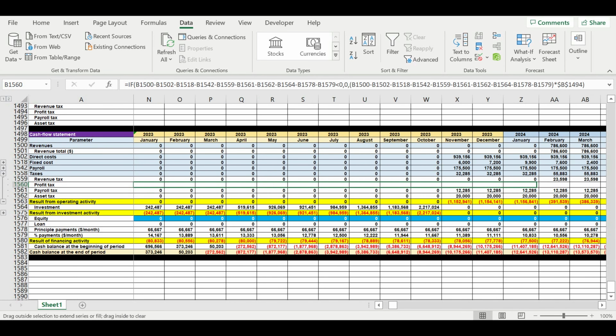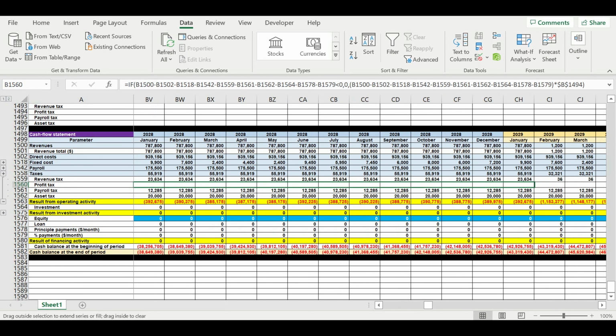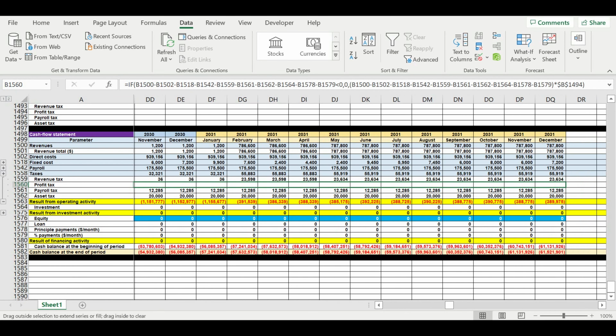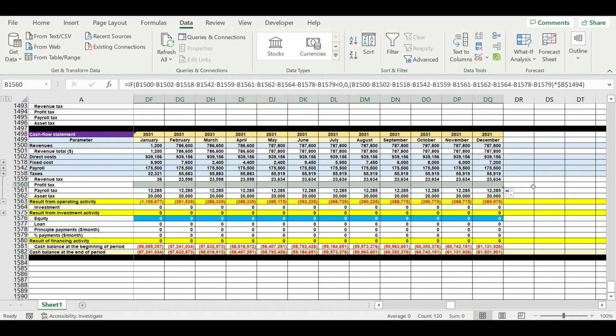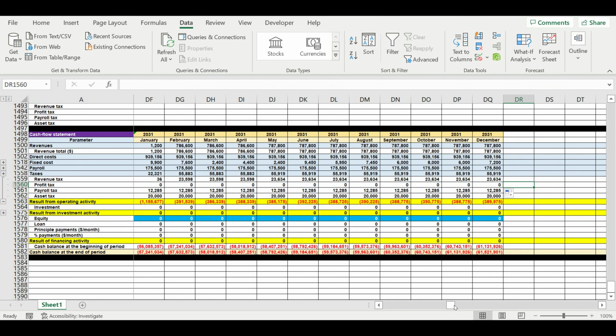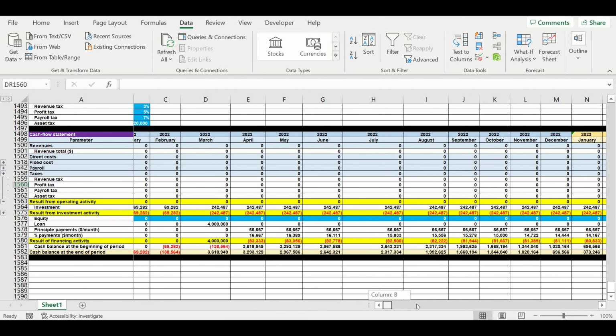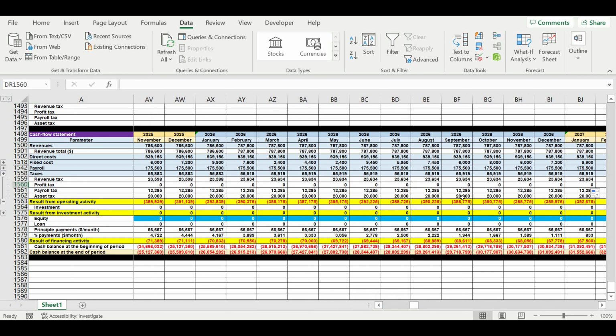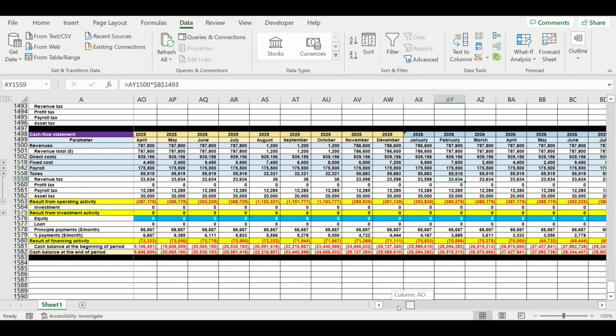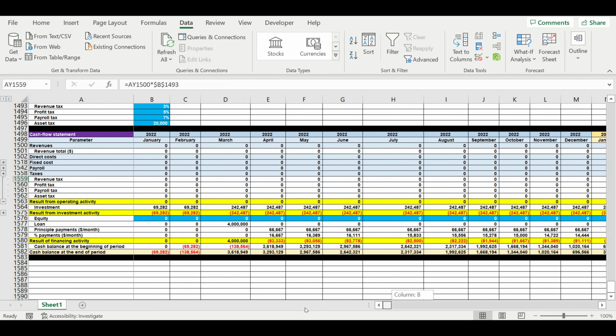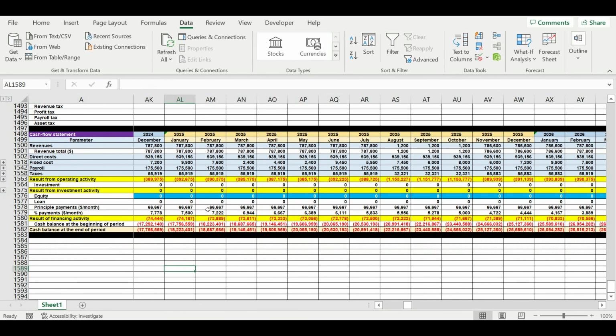We'll have 0 here because we have losses. In this area we'll just create, this will be our next step. So this is the revenue tax. So I guess we are done with cash flow statement.